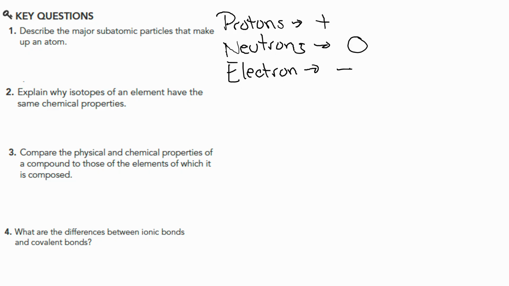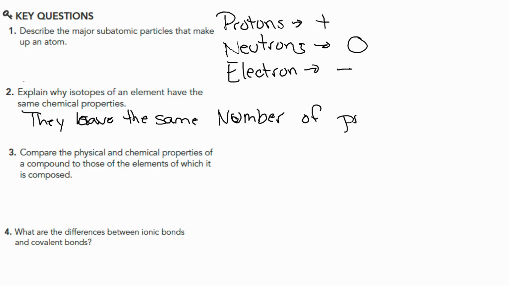Second key question: explain why isotopes of an element have the same chemical properties. The reason is they have the same number of protons and electrons. So since they have the same number of protons and the same number of electrons, their chemical properties are the same. The only thing that is different between them is the number of neutrons.